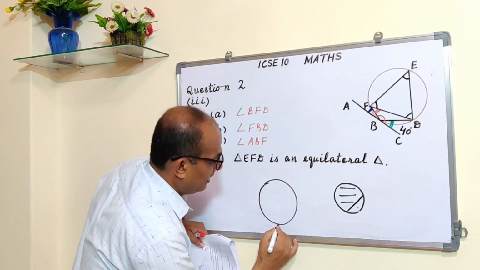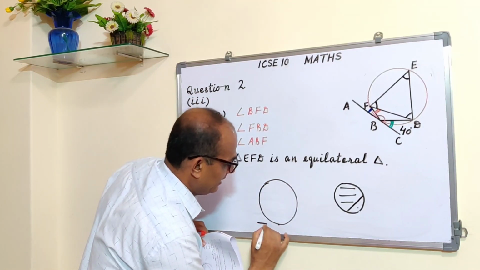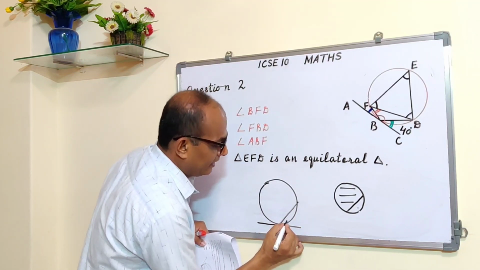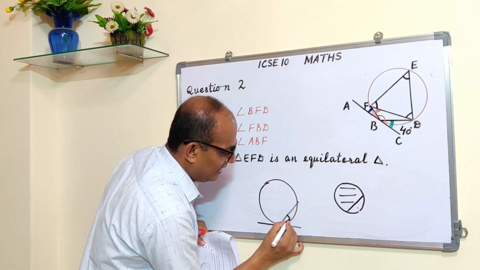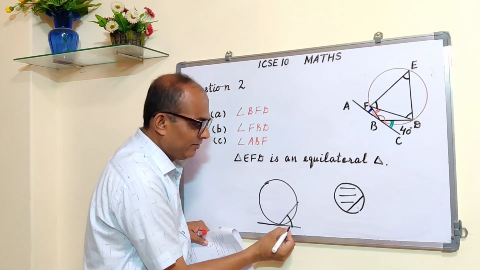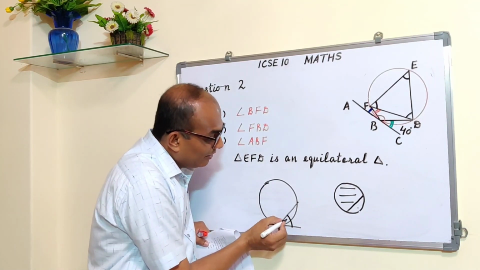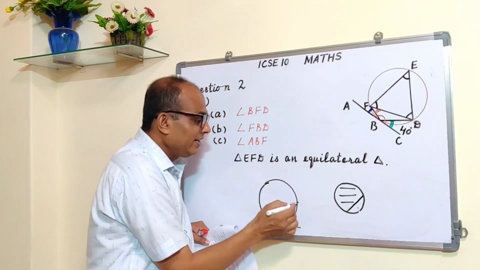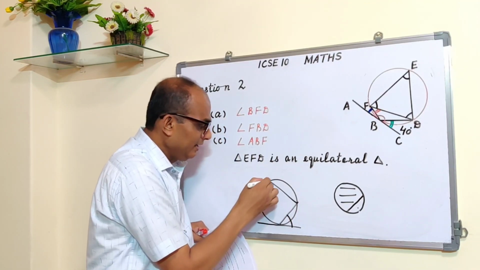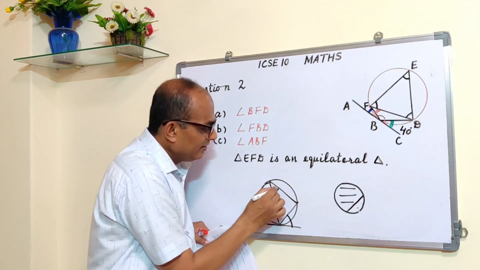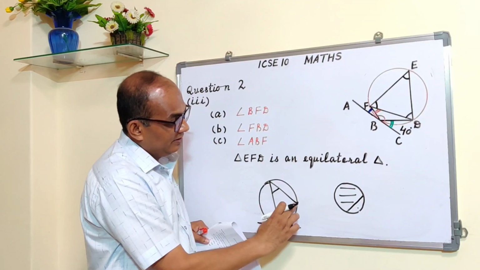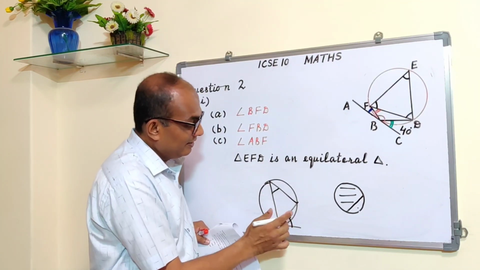This is a circle. At this point there is a tangent, and from this point we are drawing a chord. So this is the angle which this chord is making with the tangent. Now this angle is equal to the angle made by this chord in the alternate segment. If this chord is making this angle, then this angle and this angle are the same. This chord is dividing the circle into two segments.